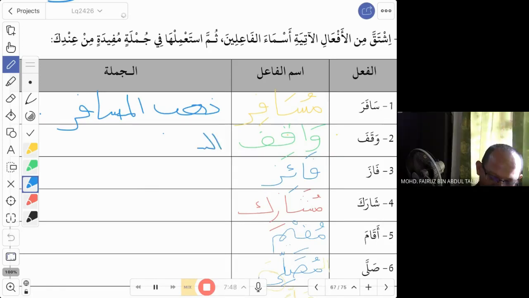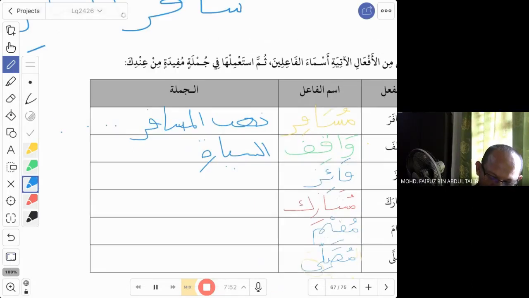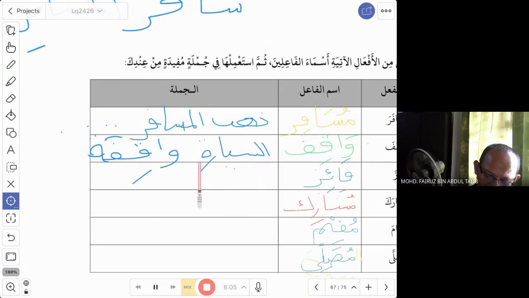As-sayyara. As-sayyara? Waqifah. Waqifah. Yes, good. So, as-sayyara waqifah. So, not necessarily you need to use a fi'il. Sayyara waqifah. And of course, in this jumlah, you change to mu'annas because the word that you choose is sayyara, a mu'annas word. So, here you need to change to mu'annas as well. Depends on the sentence.